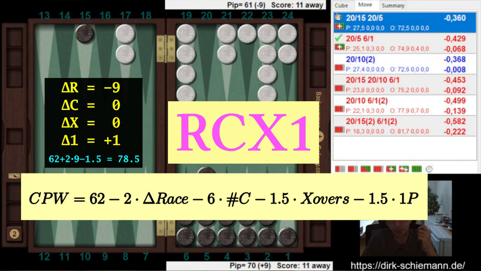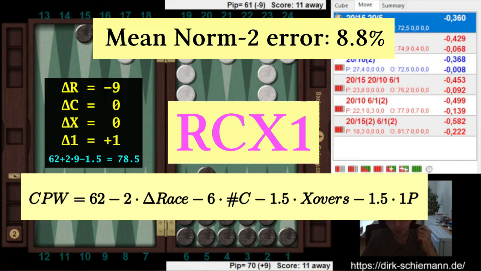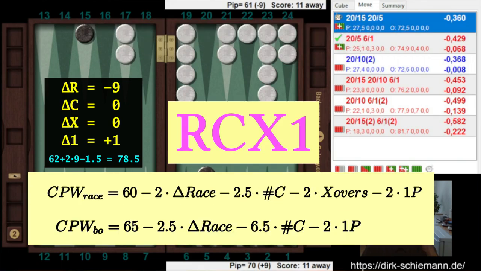Here, delta race is -9, white is 9 pips ahead, 15 checkers each, 2 crossovers each, so 0 and 0, and white has 1 extra checker on the 1 point. So 62 plus 18 minus 1.5, 78.5. This formula has mean error of 8.8%, and again, we can do better by splitting to bear-off and non-bear-off.